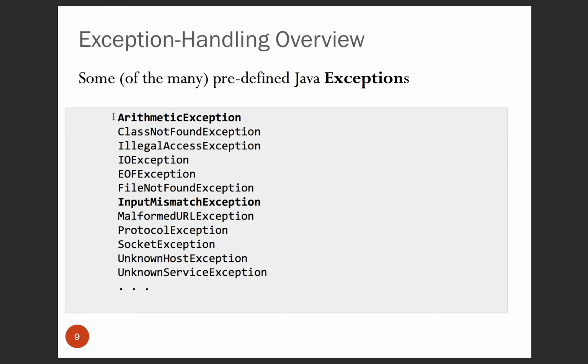If you want to handle a class that is not found, we can use the ClassNotFoundException class. Then there are IllegalAccessException, IOException, EOFException, FileNotFoundException, and InputMismatchException. These are all bad situations that can happen during runtime, and these things can be handled by these classes.